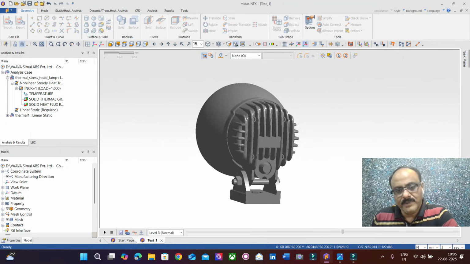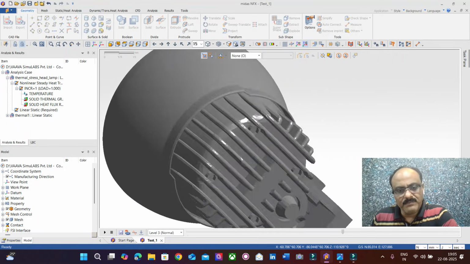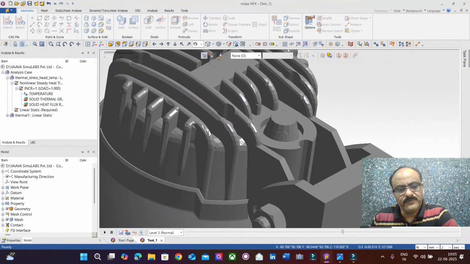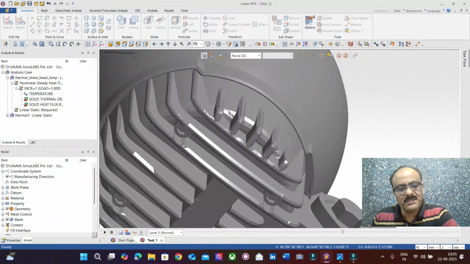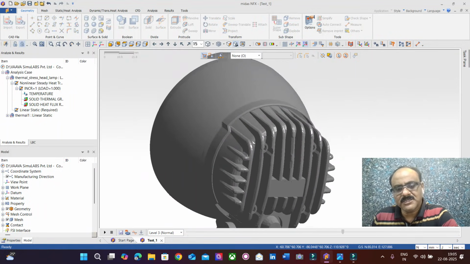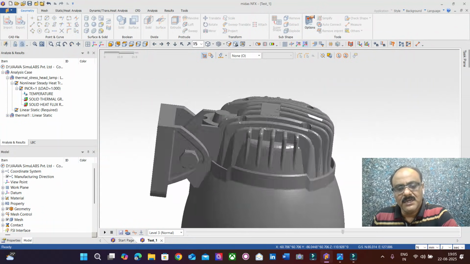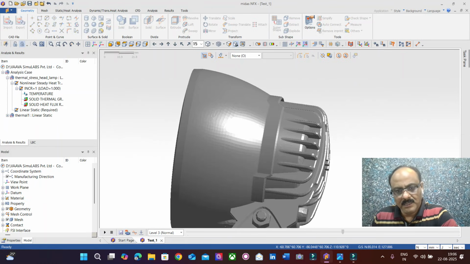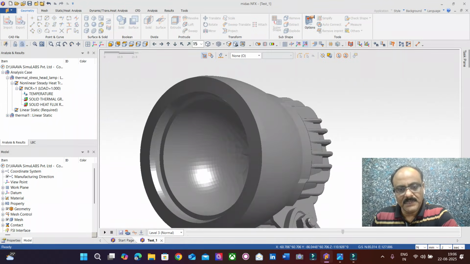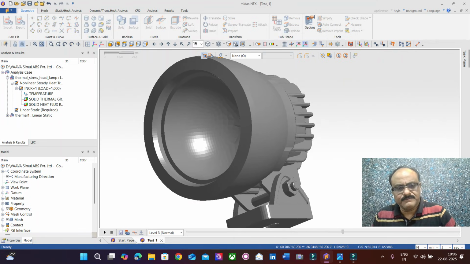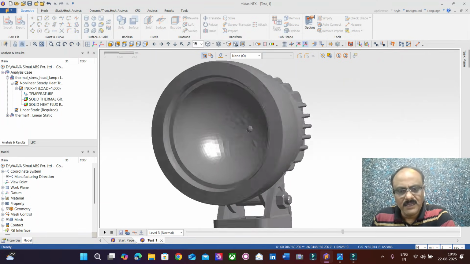Now behind the lamp there are some vertical structures which are designed, and these are called fins. These fins are responsible for reducing the temperature of the entire enclosure. This enclosure is going to get heated up, and it's made of a certain alloy.